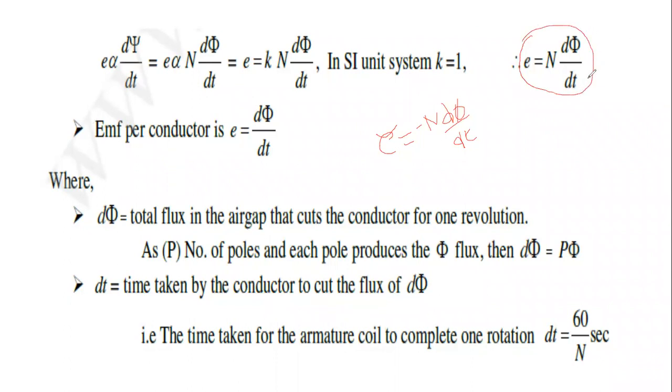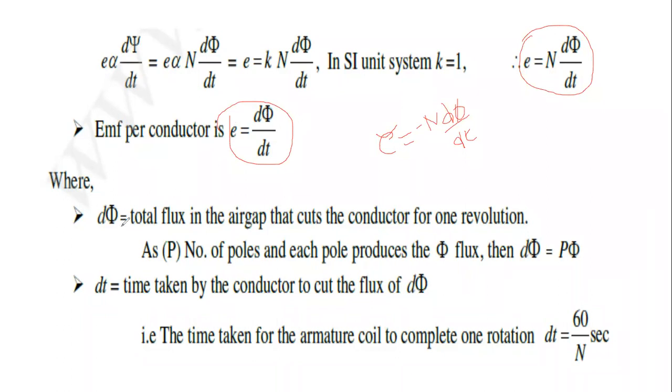In Faraday's second law, the EMF for one conductor is E equal to d phi by dt.